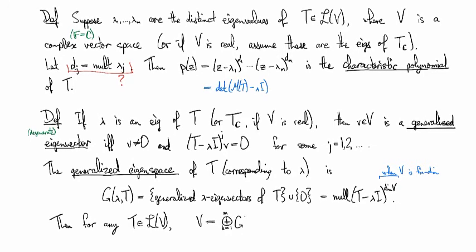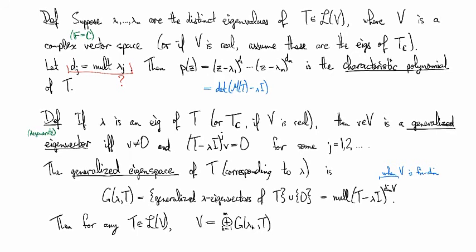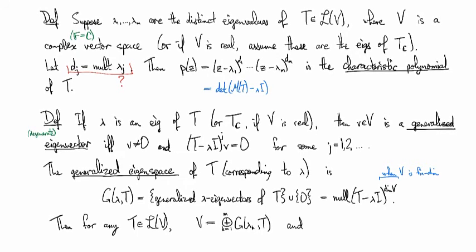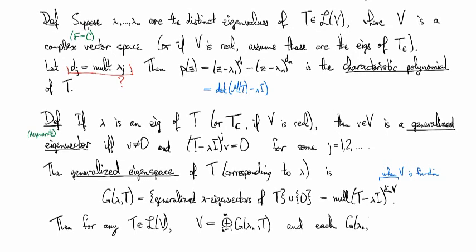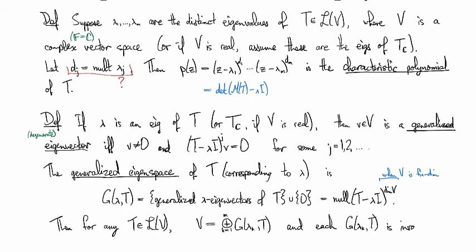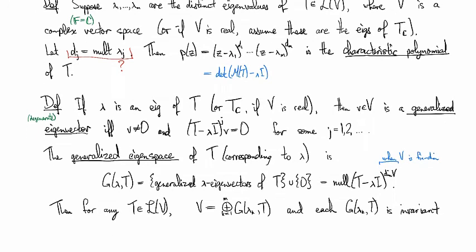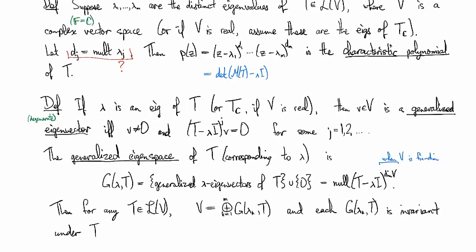And of G lambda k T, and each G lambda k is invariant under T.